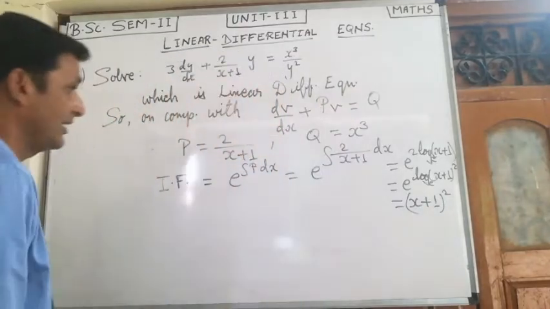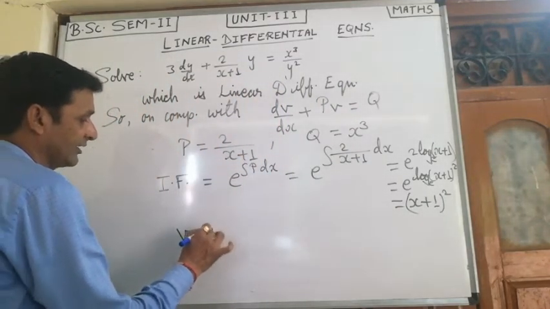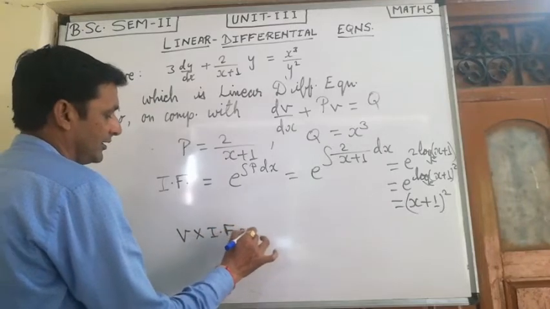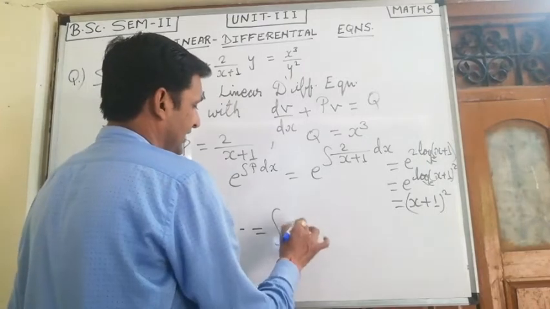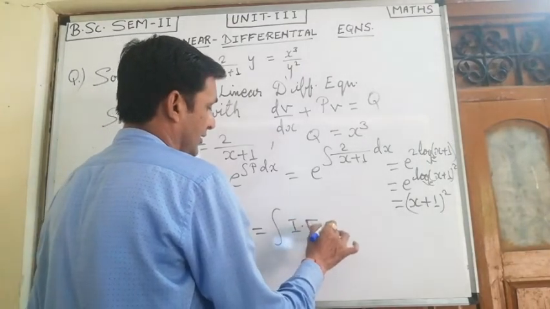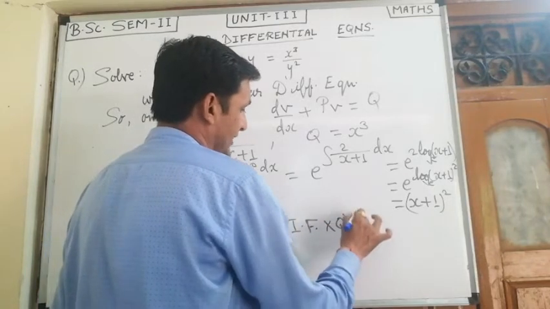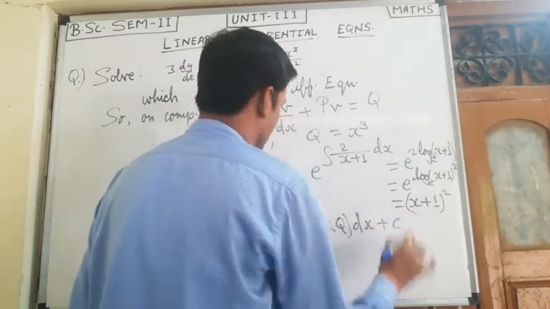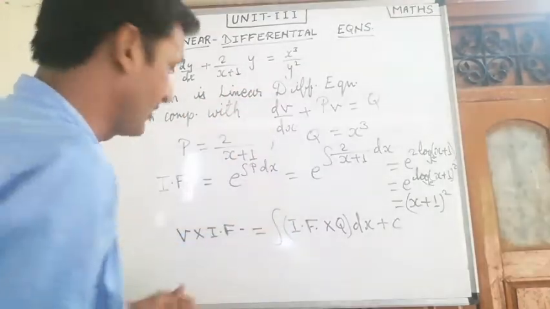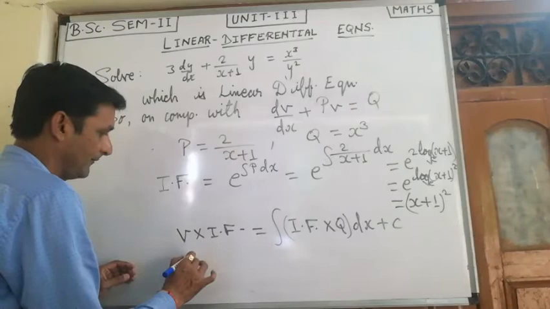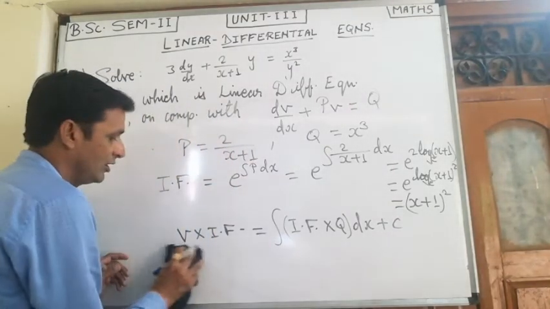Now we may write the solution v into integrating factor is equal to integral of integrating factor into q with respect to x plus c. This is the formula for solving the linear differential equation. So v is v only, which you can write value of v now here.